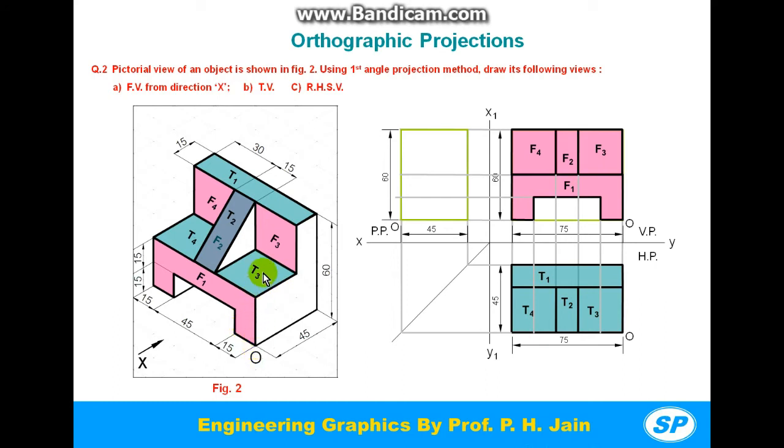The T3 face is starting from this corner. From top, this point and this point, these corners will be at the same position. So with the reference of this corner, we can construct this T3 face. Similarly, the T4 face. These are the visible faces and visible edges in top view.